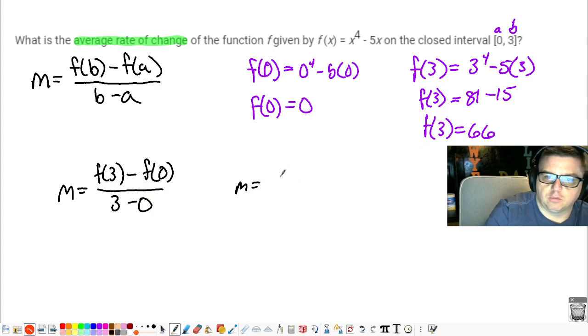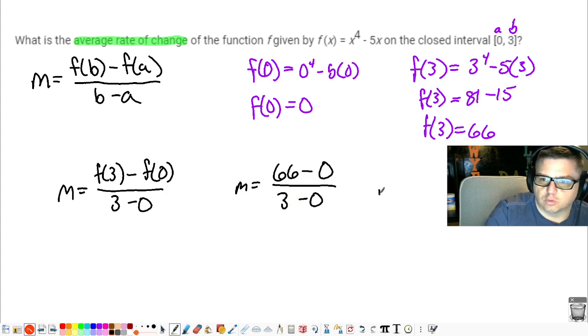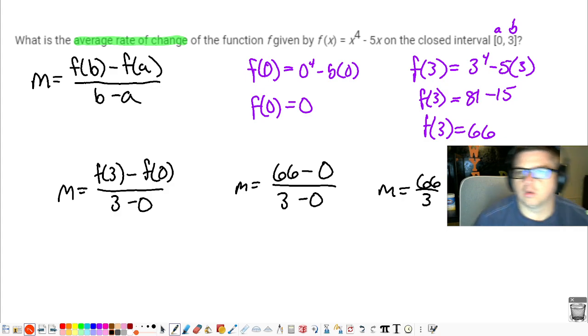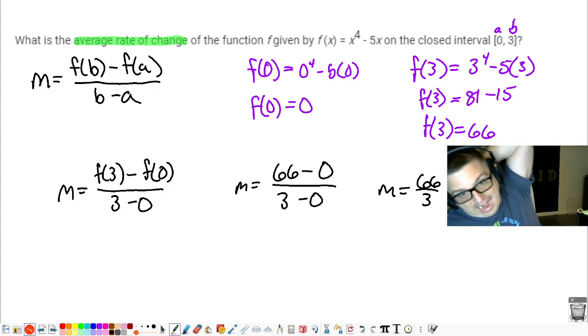So we're going to do 66 take away 0 over 3 take away 0. And when we get 66 over 3, which is 22. And that is the average rate of change.